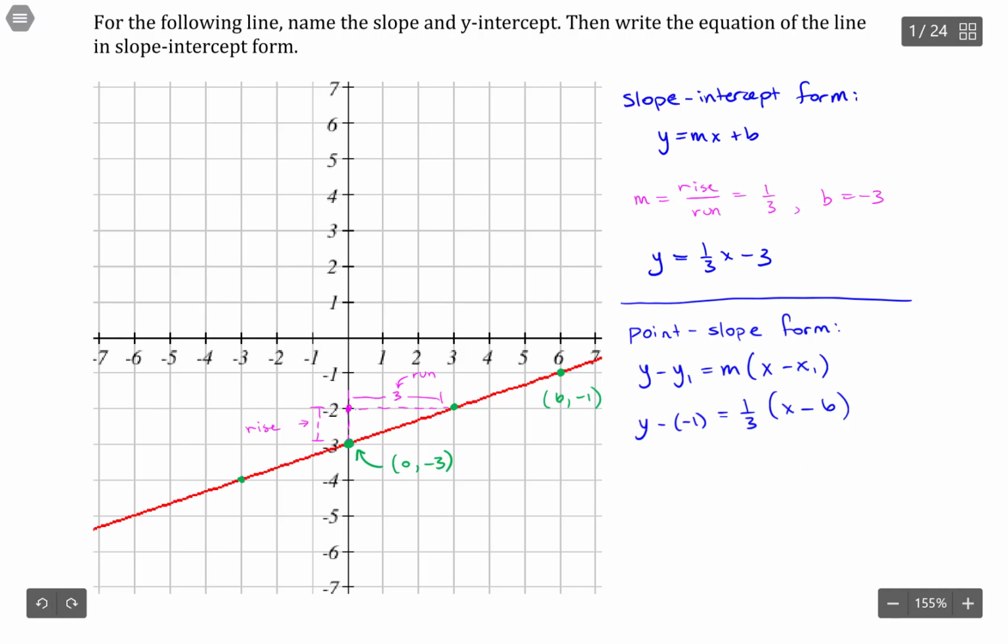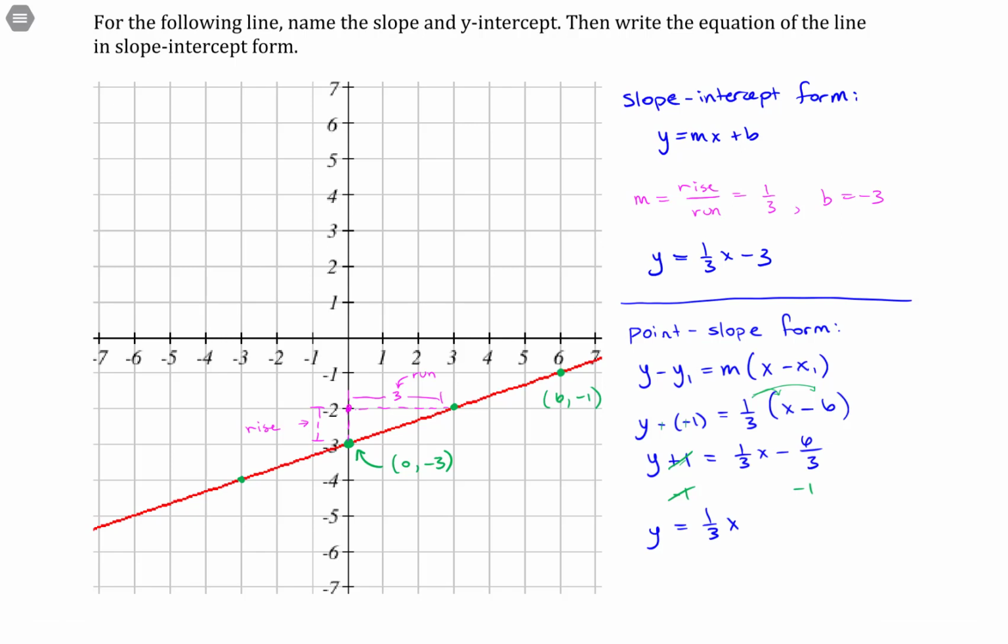Now, of course, the -1 here will cancel and make this positive. So I have right now y plus 1 equals, and I will distribute the 1/3 into this set of parentheses. So 1/3 x minus 6/3. And then if I subtract 1 from both sides, it will cancel out on this side, leaving me with y equals 1/3 x.